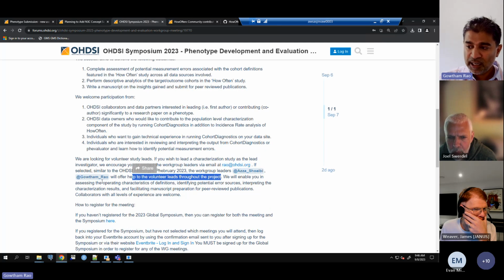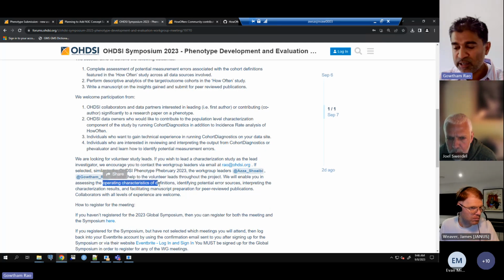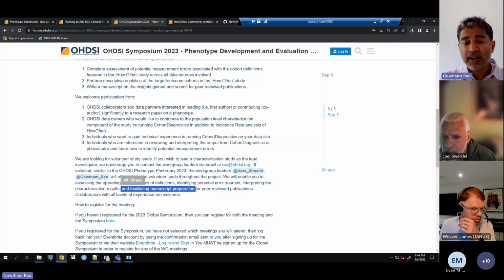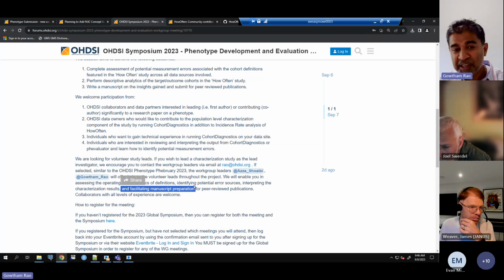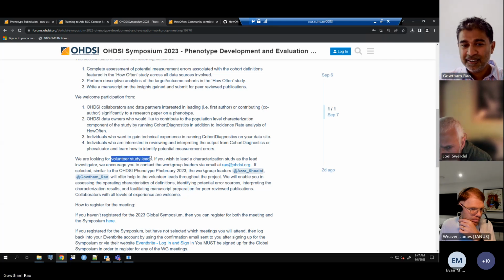We'll enable you in assessing operating characteristics of the definition, i.e. look at cohort diagnostics and potentially PheValuator, identify errors, interpret the characterization results, and facilitate manuscript preparation. So if you're Andrea Noel and you have something to do with anaphylaxis, or if you're Evan Minty, who wants to complete their work on perioperative surgical cohorts, this is an opportunity to be the lead.